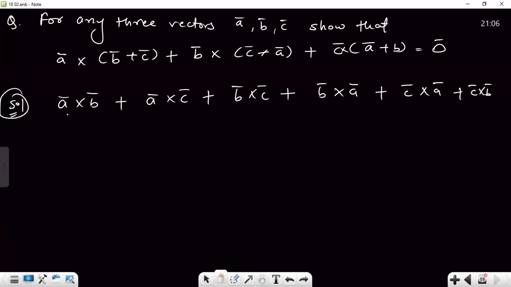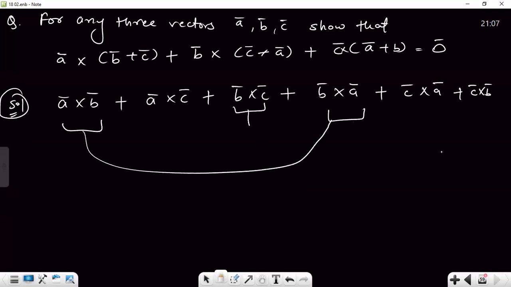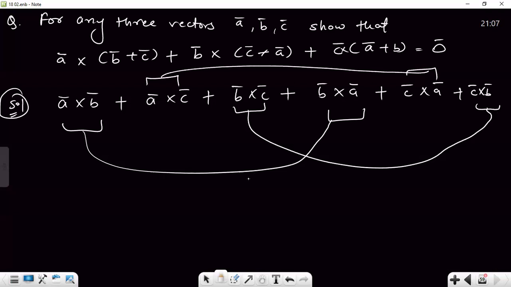So what we can observe here is the pattern, similar terms. And we know that A cross B is not equal to B cross A because it's not commutative.